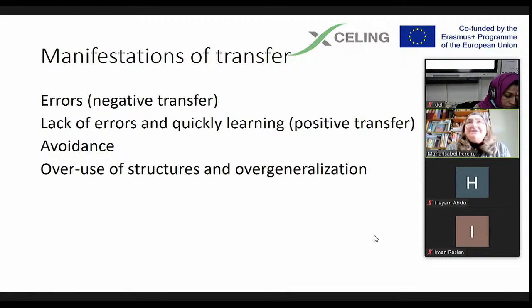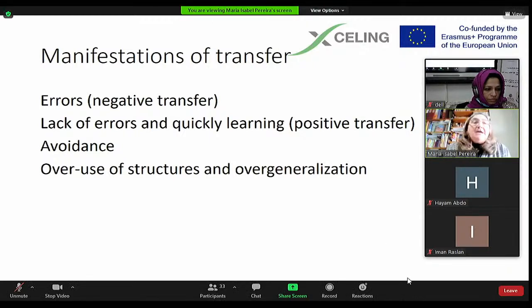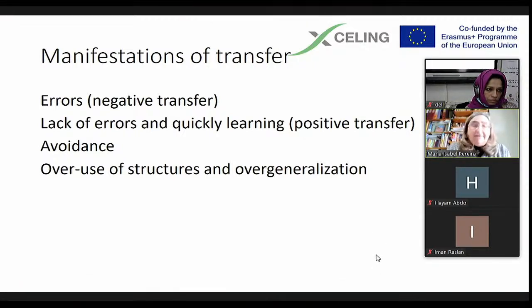And errors are instances of negative transfer, although not all errors are instances of negative transfer.